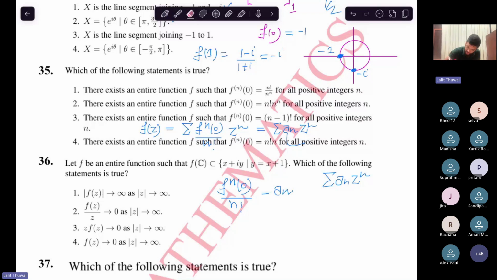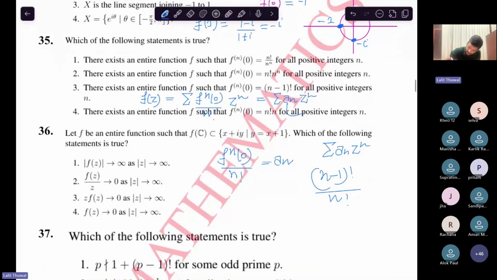So I think this one, right? In case (n minus 1) factorial, if you divide (n minus 1) factorial by n factorial, then what do you get? You get 1 by n. And we know that the radius of convergence of this series is 1, right? So it means this cannot be correct.